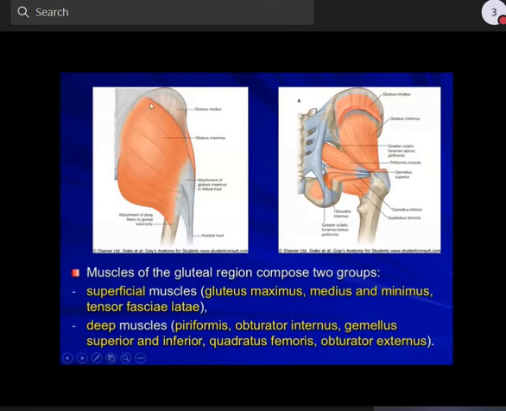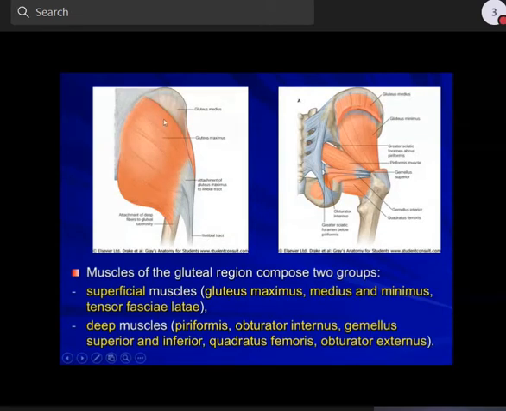The gluteus maximus is the main extensor, the strongest extensor at the hip. It's responsible for our erect position.